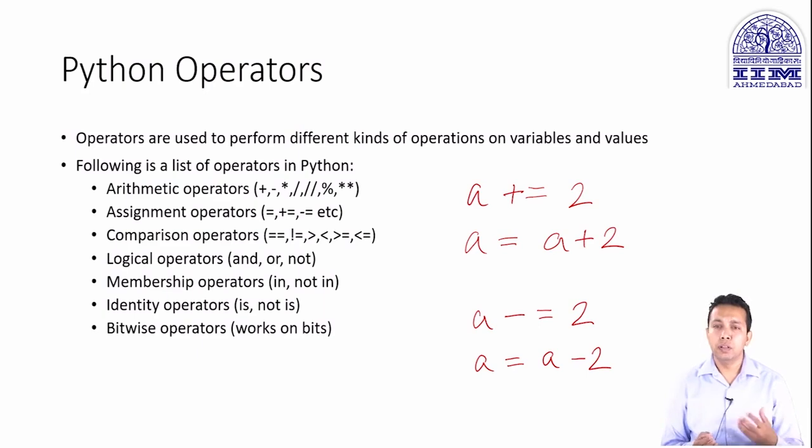So, one variable or one value has to be there on the left hand side, and the other variable or value has to be on the right hand side of these operators, and it makes a comparison: are these two quantities the same, are these quantities not the same, is one quantity greater than the other, less than the other, and so on, and they always return the answer as true or false.